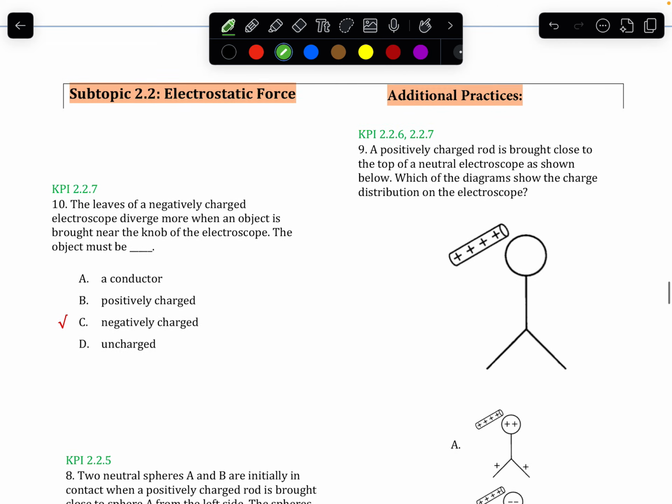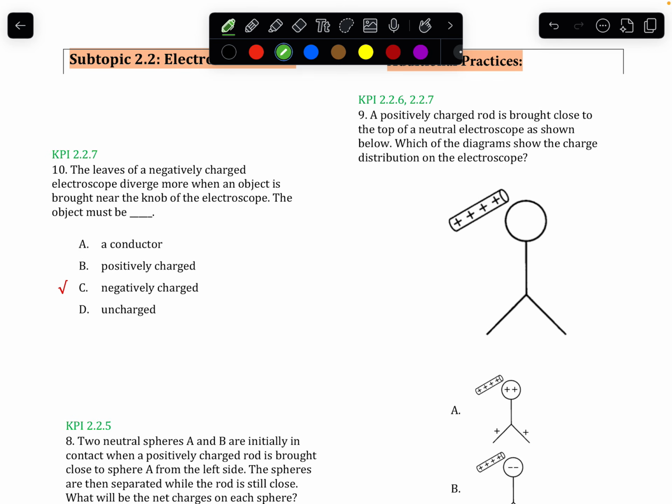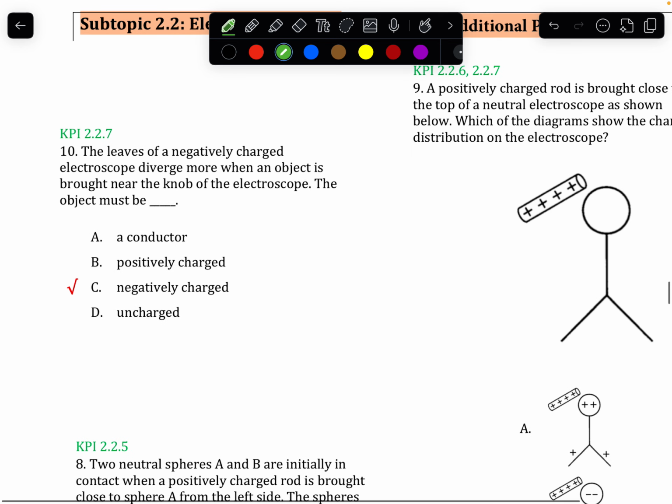Now let's have some additional practice for 2.2. The leaves of a negatively charged electroscope diverge more. So we have a negative electroscope, all negative. They diverge more when an object is brought near the knob of the electroscope.